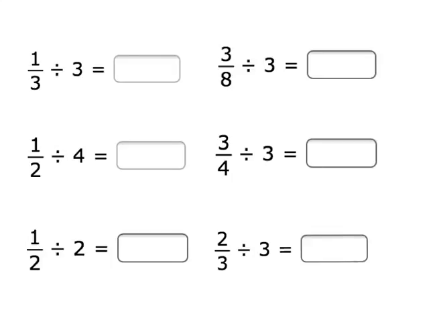So we're going to work some now without our fraction circles. My first problem is 1/3 divided by 3. Because I'm running out of space here on this board, I'm going to just mark out that division sign and change it to a multiplication sign.